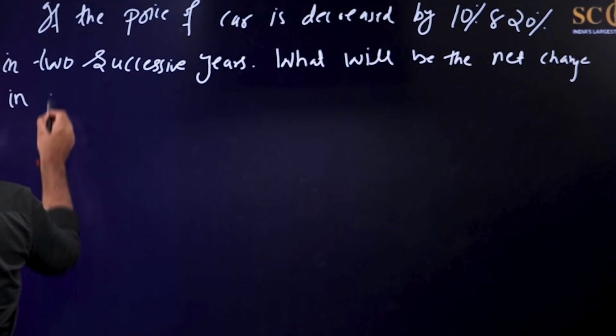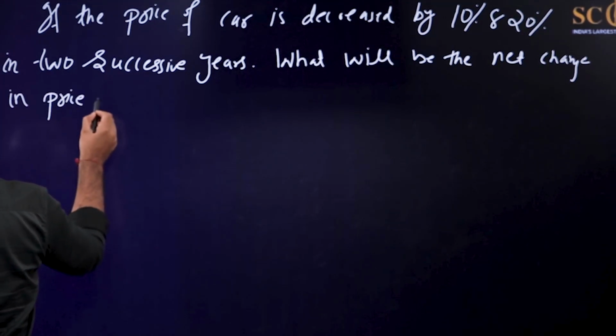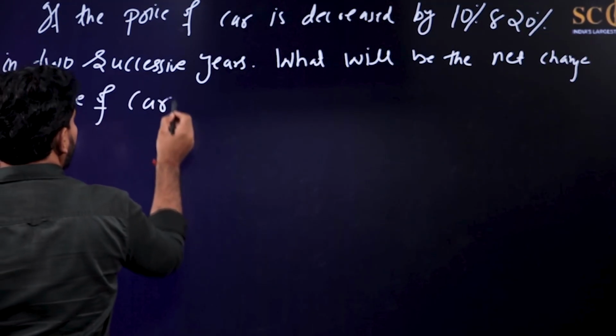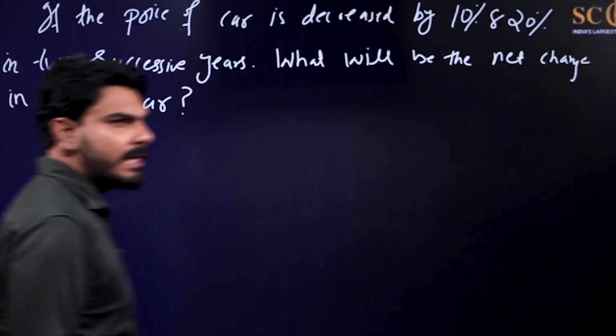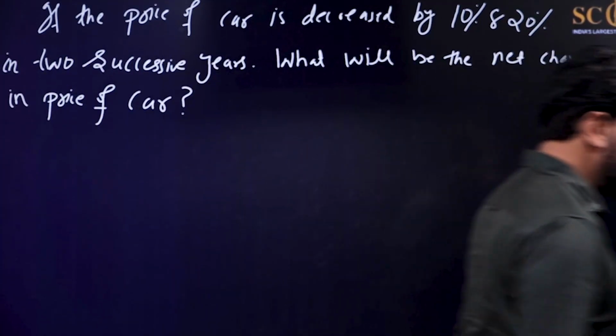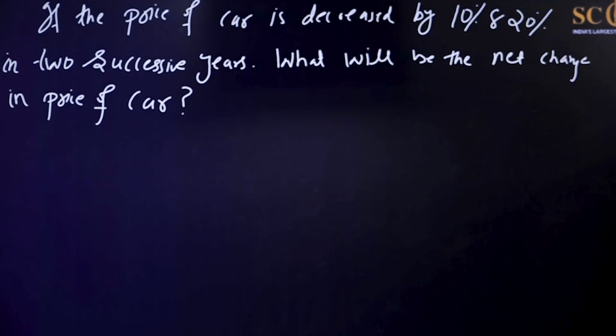I will give you 10 seconds, just try it out and solve it, and then I will tell you the correct answer. If the price of a car is decreased by 10% and 20% in two successive years, what will be the net change in the price of the car?